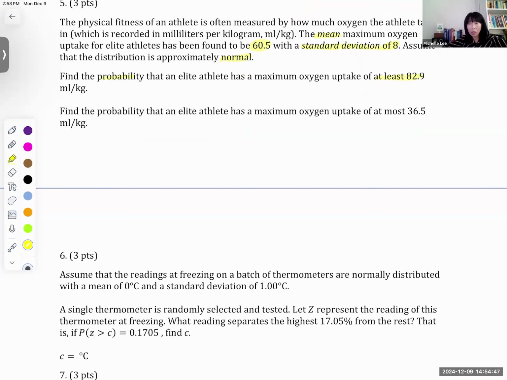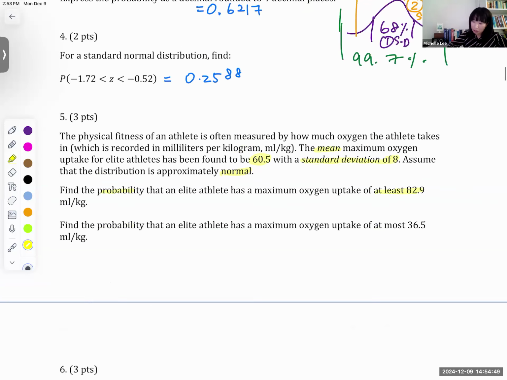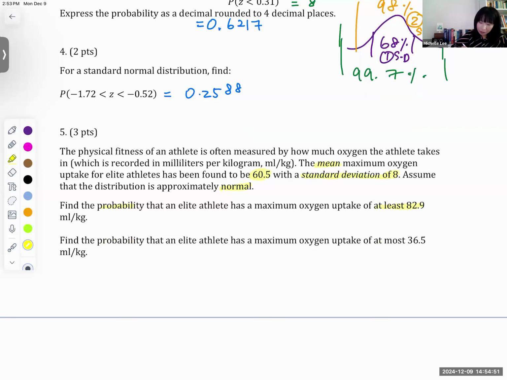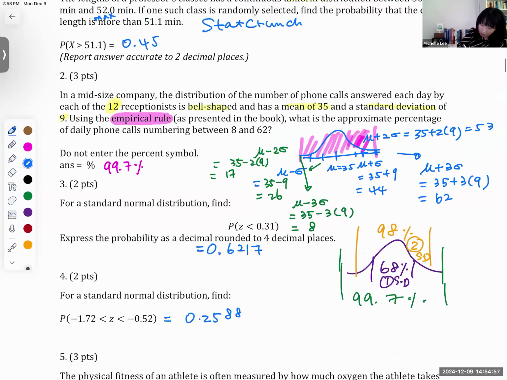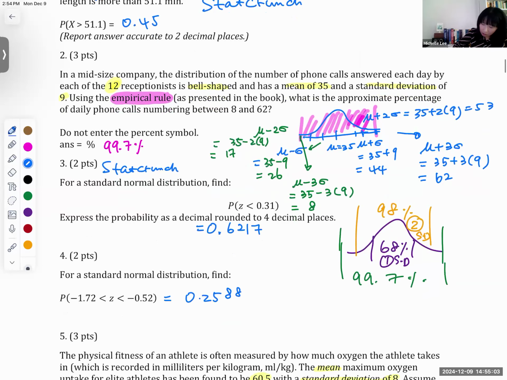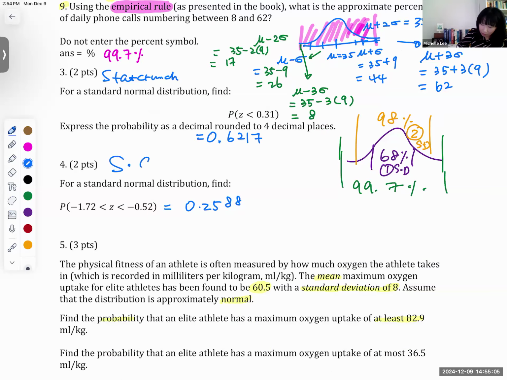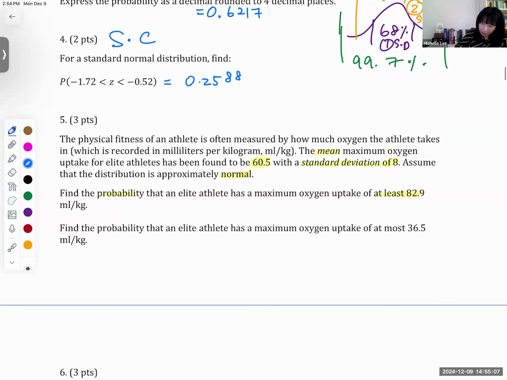They don't give us any inequality, so we have to figure it out, right? So we're using StatCrunch. Everything is StatCrunch except 2, right? So this is for StatCrunch.